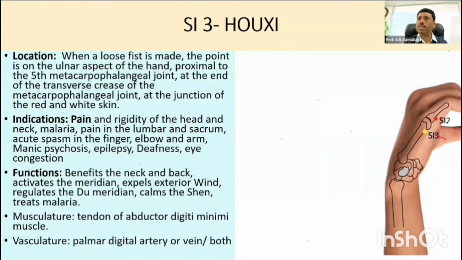So SI3 is the mother point, also the shu stream point, and also the wood point. The nature of this point is wood. Further, being a mother point and a command point, this is the master command point for the coupled organ, and it is the confluent point, or connecting point, or communicating point, for the spinal cord meridian.